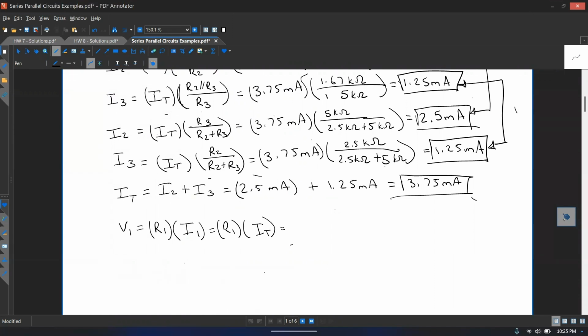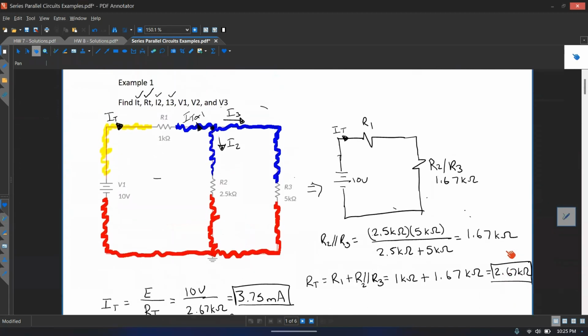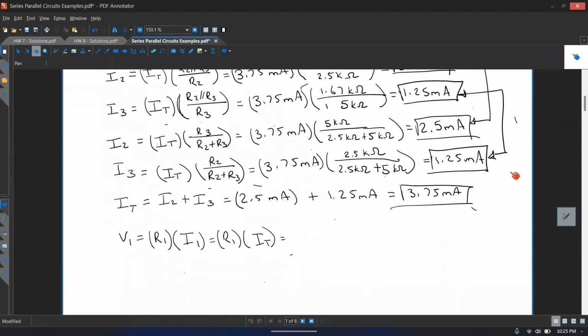R1 is 1 kilo ohm, and our I total was 3.75 milliamps. The kilo cancels out the milli, and so that equals 3.75 volts.